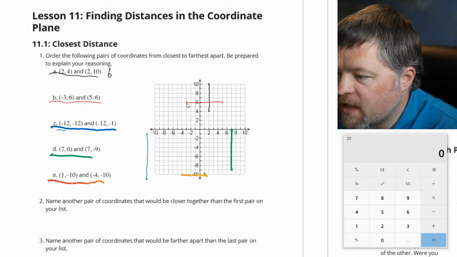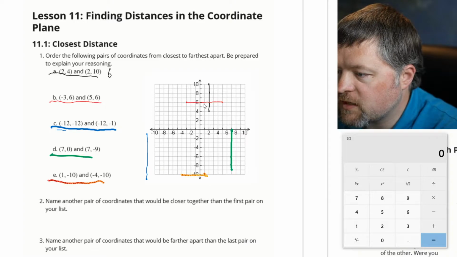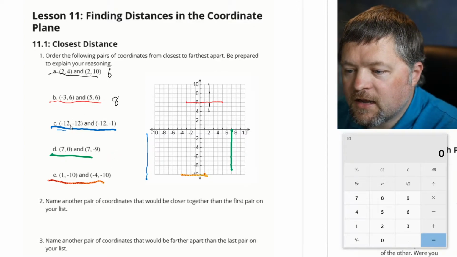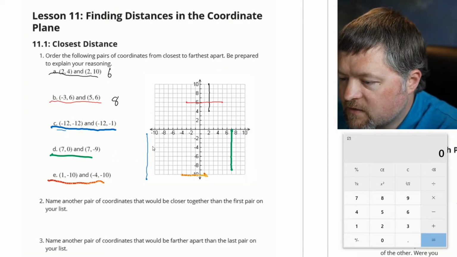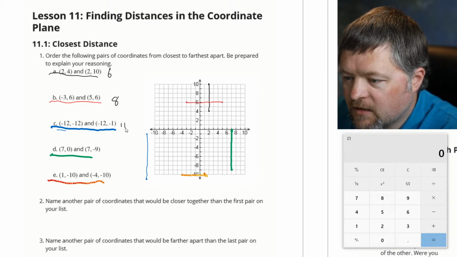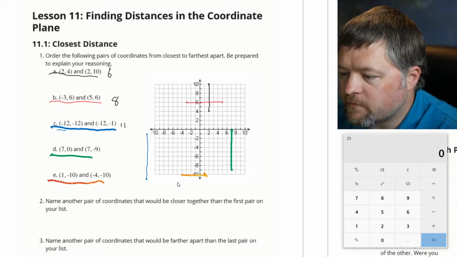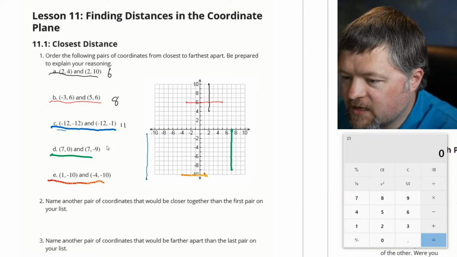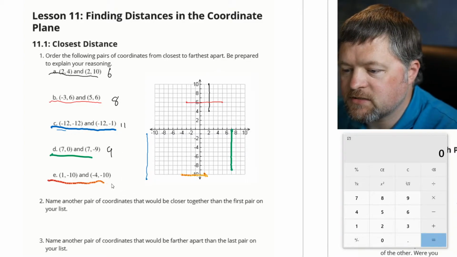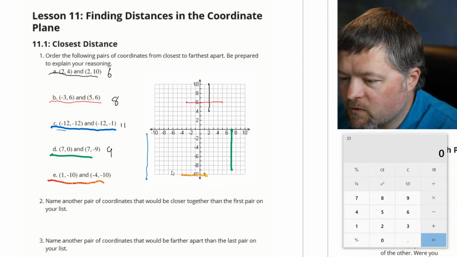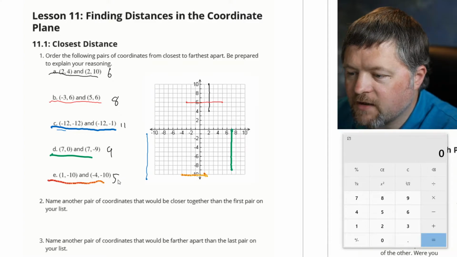B, which is red, is 1, 2, 3, 4, 5, 6, 7, 8 units. -12, -12 to -12, -1 was 11 units. 7, 0 to 7, -9 is 9 units. And 1, -10 to -4, -10 is 5 units.